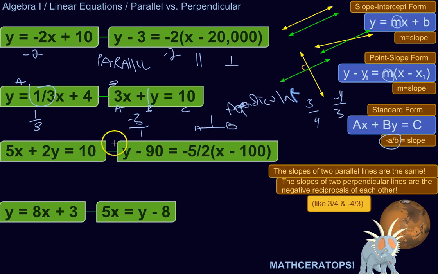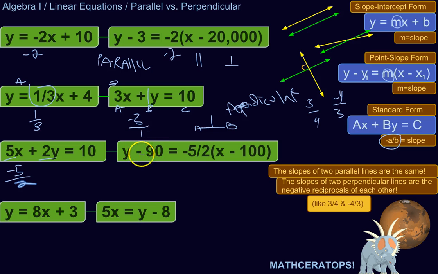Now let's look at this pair of lines. 5x plus 2y equals 10. That's standard form: something times x plus something times y equals something. In standard form, the slope is negative a over b, so negative 5 over 2.